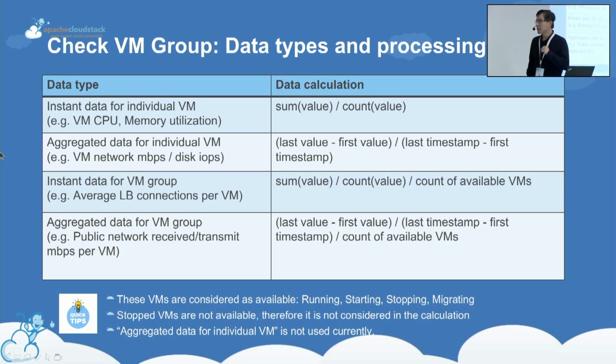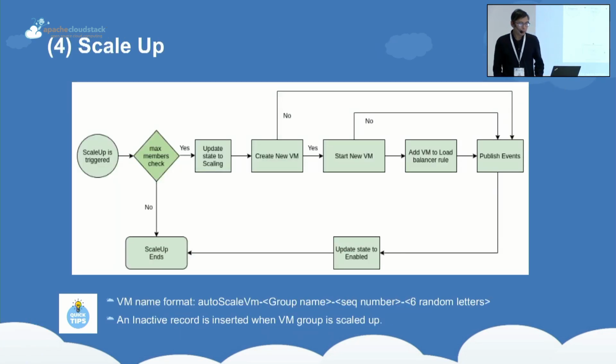Available VMs means the VMs that are running, starting, stopping, or migrating. A stopped VM is not available, so we do not consider it in the calculation. And the second type, aggregated data for an individual VM, is not used in our feature, but it might be used in future work.